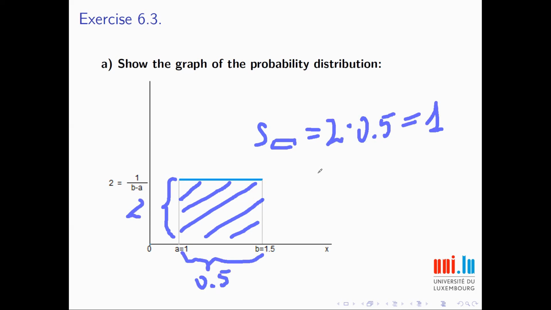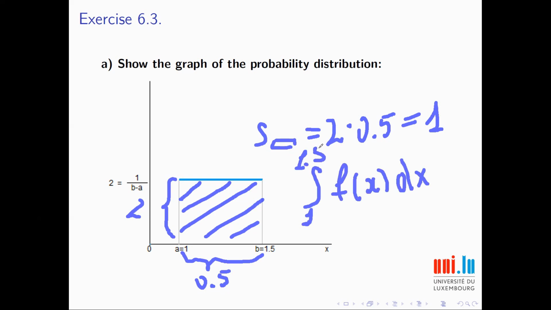Another way to check whether it's a valid probability distribution is to calculate the integral. I don't know whether you are familiar with the integral concept, but I think you should have been given that concept during your math class in the Bachelor. You integrate over your random variable from 1 to 1.5.